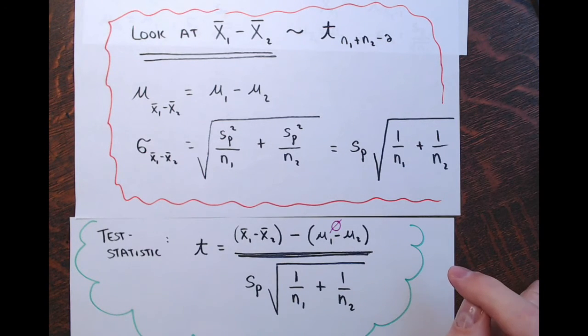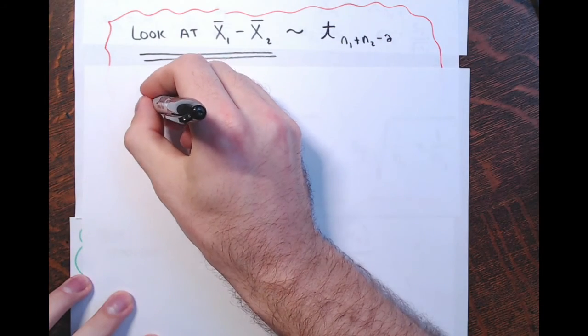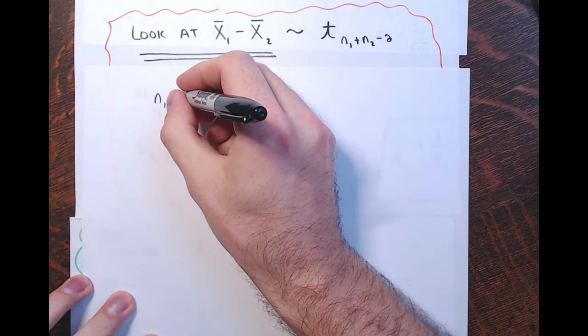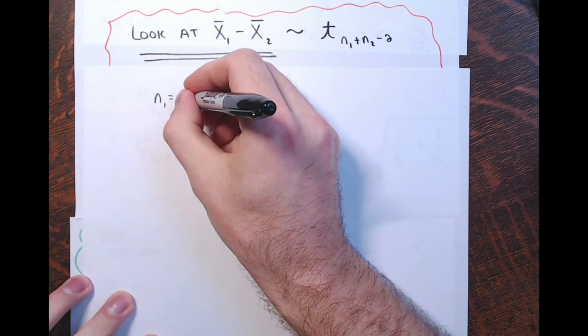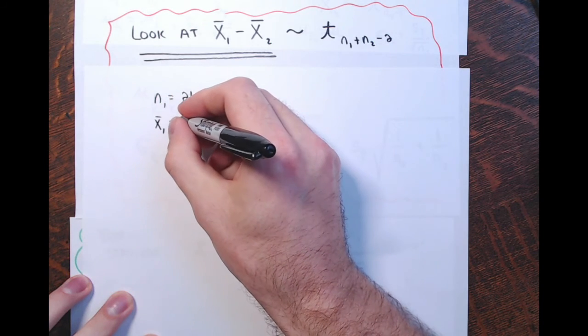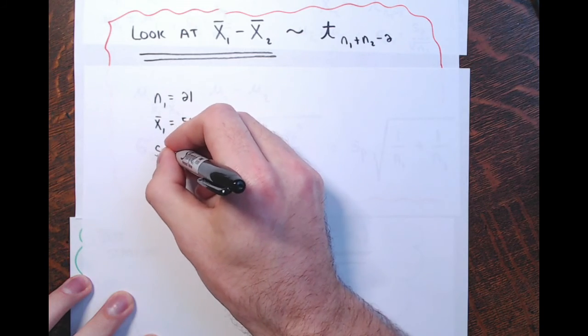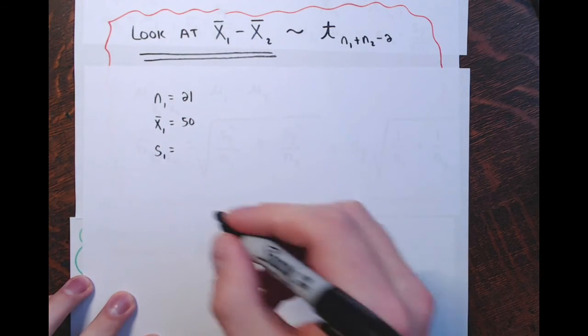All right. So here, let me write this information we're given down. So for this particular problem, sample 1, the sample size n1 is 21. The sample mean for sample 1 is 50, and the standard deviation for sample 1 is 13.3.